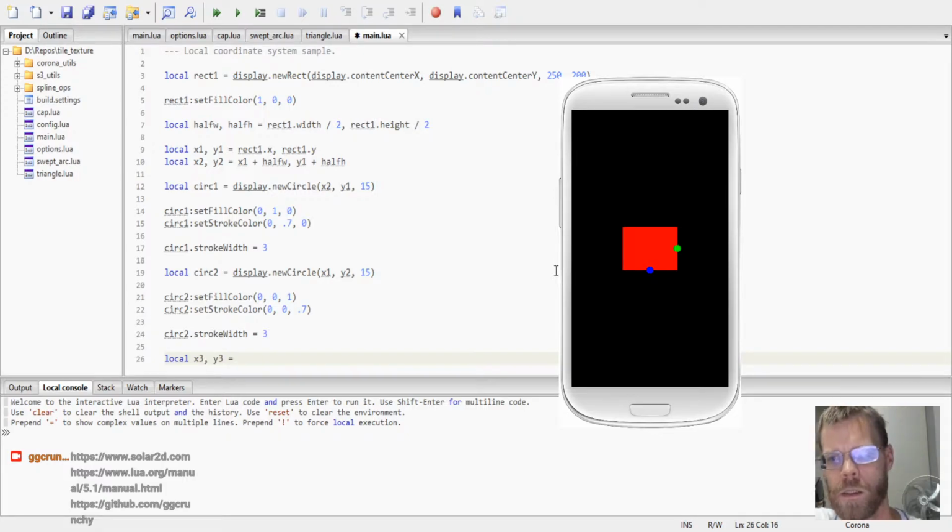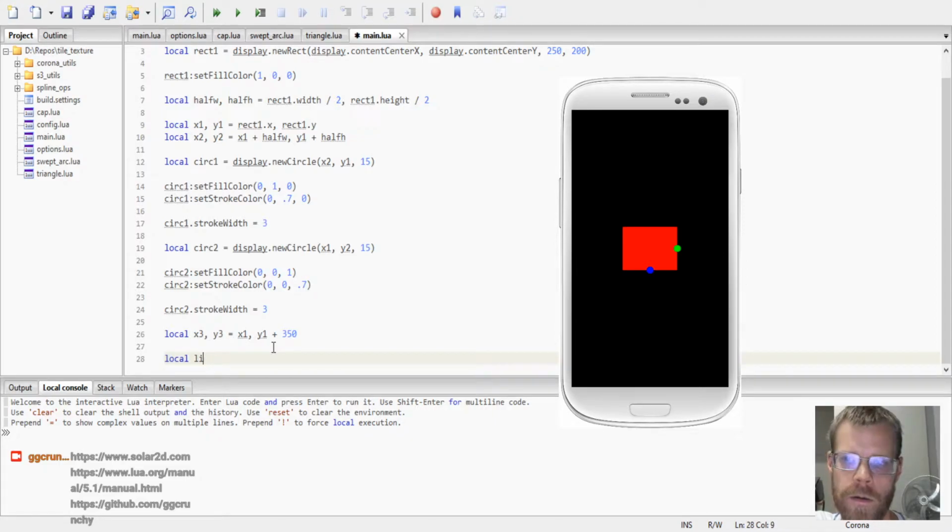Y3. Just keep the X the same to be in the center and start a little further down. So that's 200, so 250.